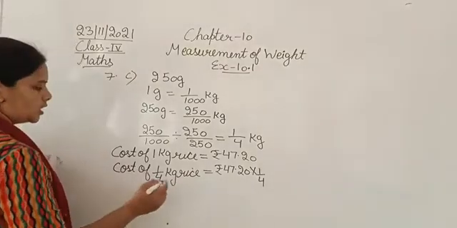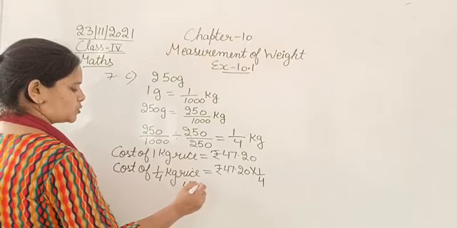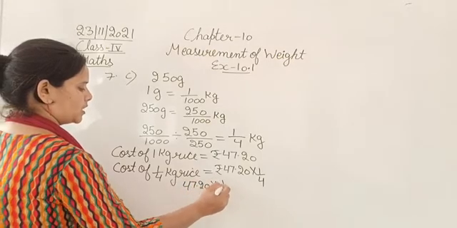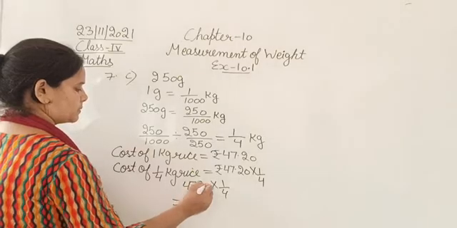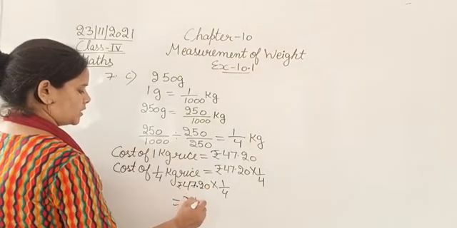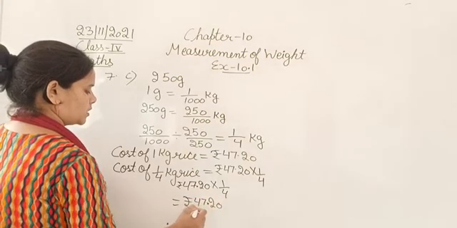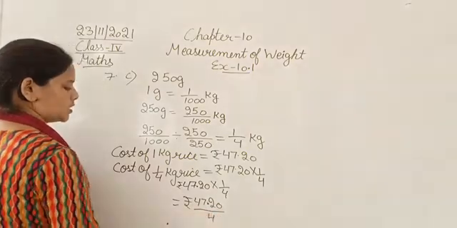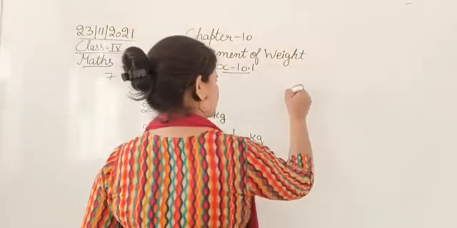Next, we need to find out 47 rupees 20 paisa multiply by 1 upon 4. 47.20 divided by 4. 47 rupees 20 paisa divided by 4.